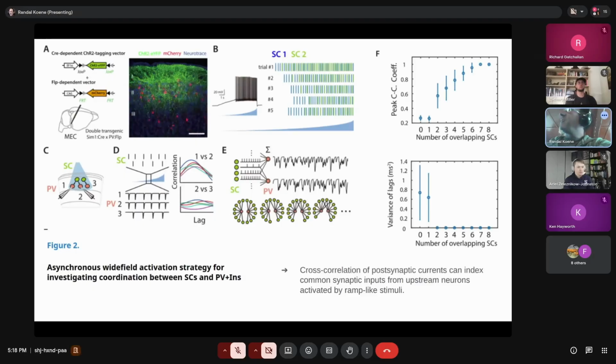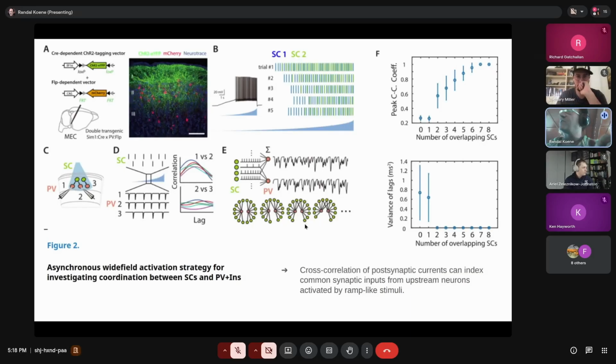Then in E, on the top we have convolution of the EPSC waveforms by stellate cells in the parvalbumin interneurons, and on the bottom we have how they're going through a series of stimulations where they are comparing different amounts of stellate cell overlap while maintaining the same total input to parvalbumin interneurons.